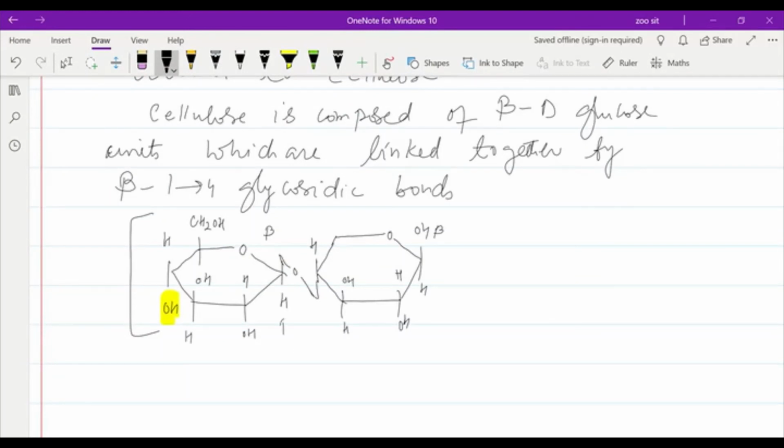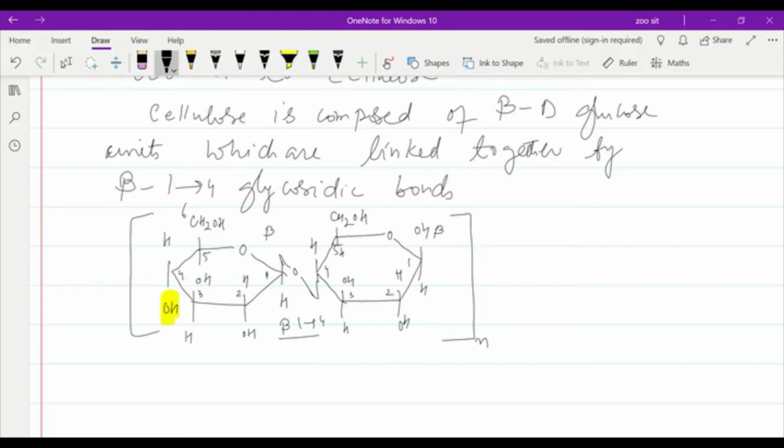So this is carbon number 1, 2, 3, 4, 5, and 6, and this is the beta 1,4 bond in cellulose. And here it will be n times.